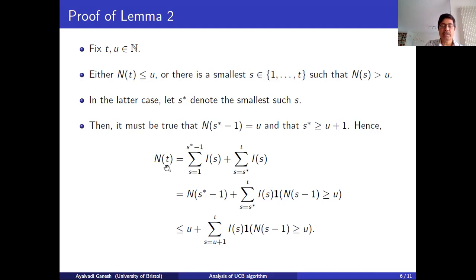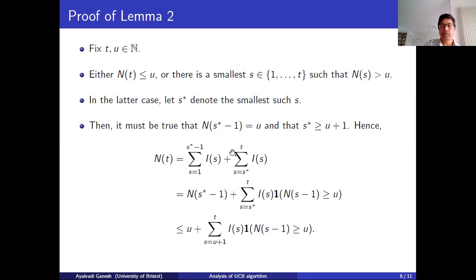Okay, so what is nt? It's the sum s equals 1 to t of is. So let's break it up into the sum up to s star minus 1 and the sum from s star to t. By definition, the sum of the first s star minus 1 terms is n of s star minus 1.